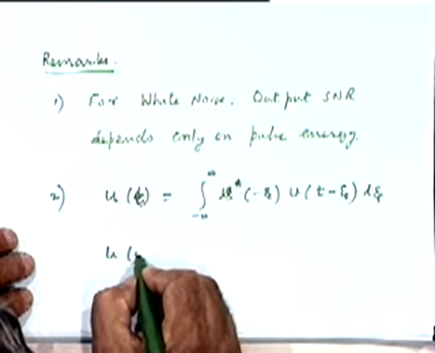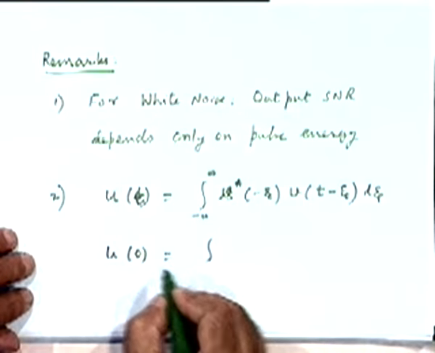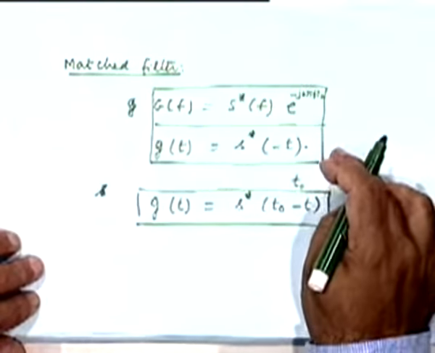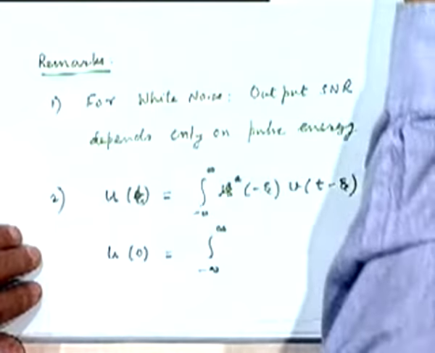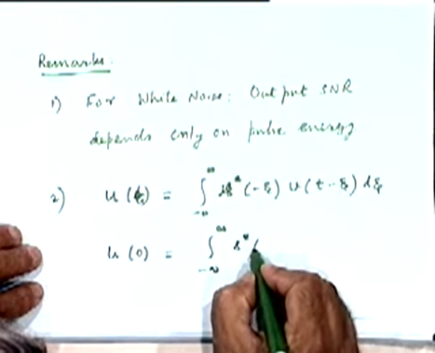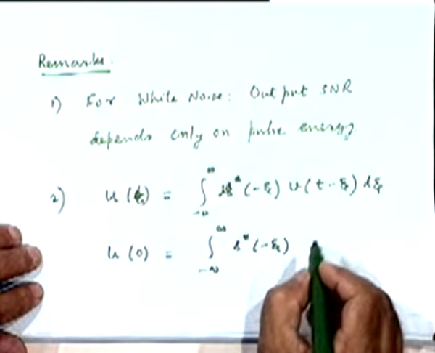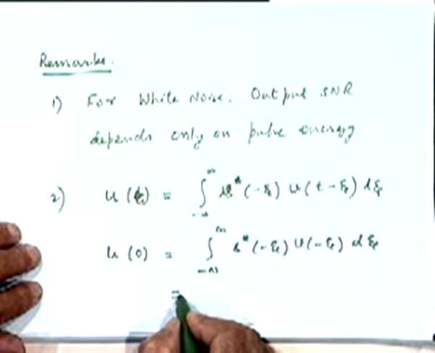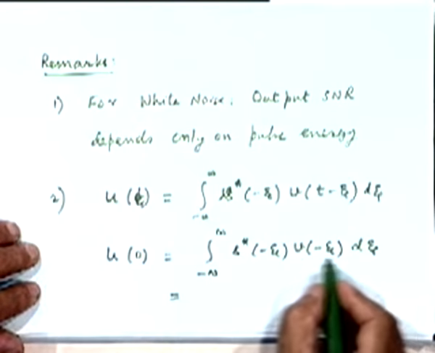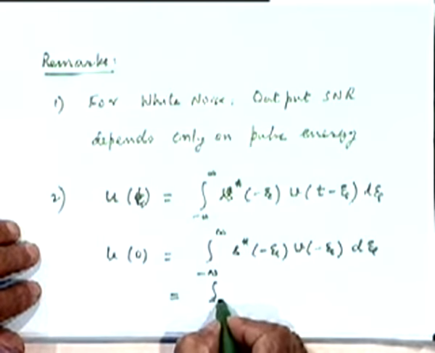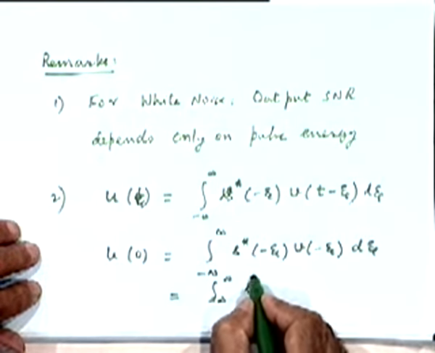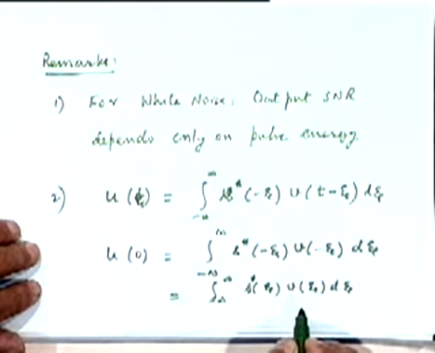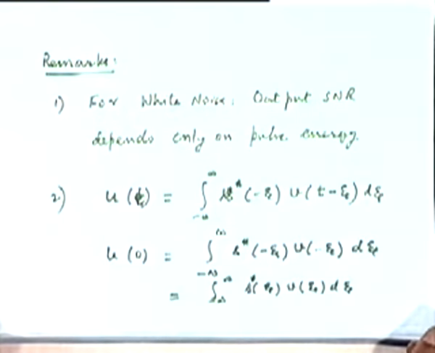At t equal to 0, what will happen? This is the sampling instant. Suppose we chose this as the sampling instant, t0 equal to 0. This will become the integral of S conjugate minus zeta v minus zeta d zeta, which by a change of variable in the integral can be simply written as the integral of S conjugate zeta v zeta d zeta, or v(t) s conjugate t.